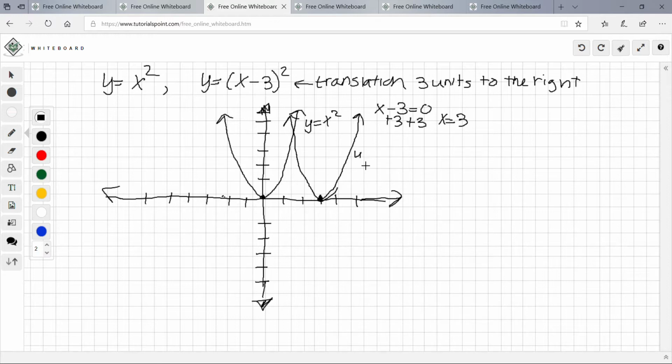So this is y equals (x minus 3) squared. And yes, this is actually a quadratic and it's a polynomial. And I actually will do a section on quadratics.